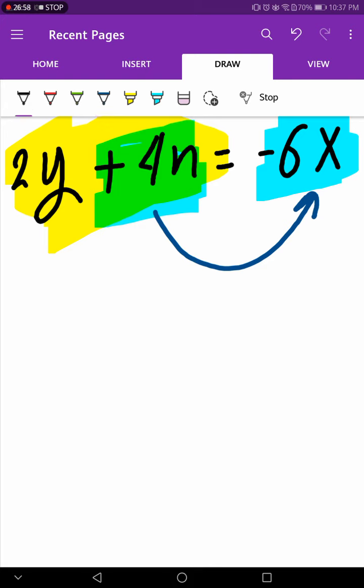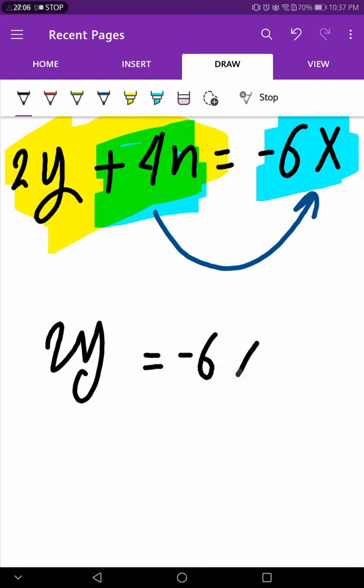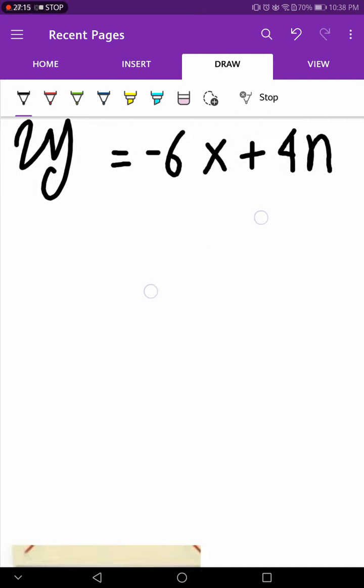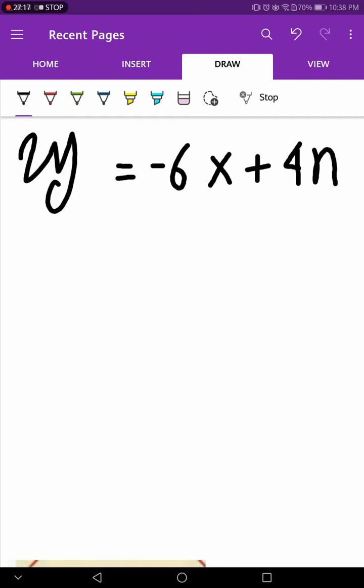So it will be 2y equal negative 6x plus 4n. Now don't forget, you have to make the y alone and happy, so remove the 2 by dividing all the terms by 2.